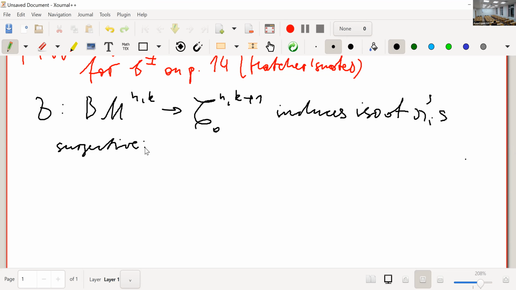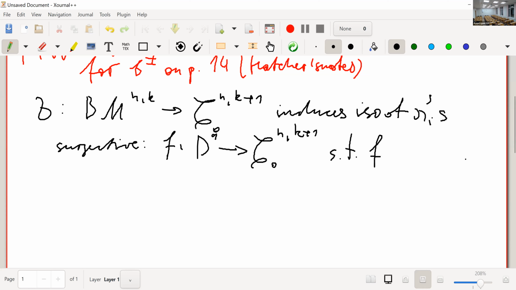Well, suppose we have a map from the q-dimensional disk to Cn k plus 1, such that the boundary goes to the empty set, which is the base point.